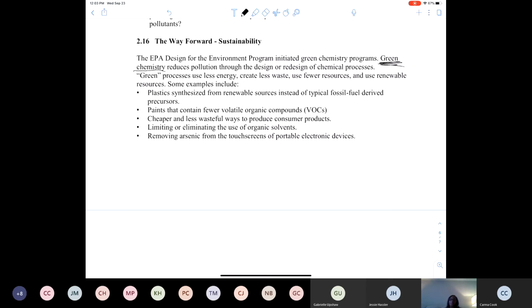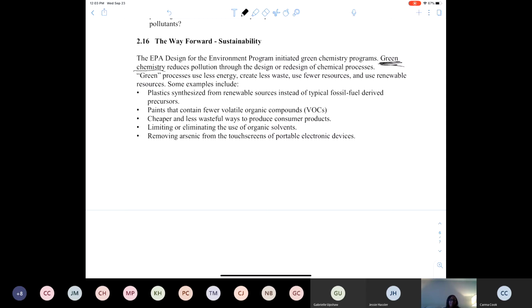And so green processes, they require less energy, they create less waste, use fewer natural resources, and also use renewable resources. And those are some things that make the approaches greener and therefore more environmentally friendly.